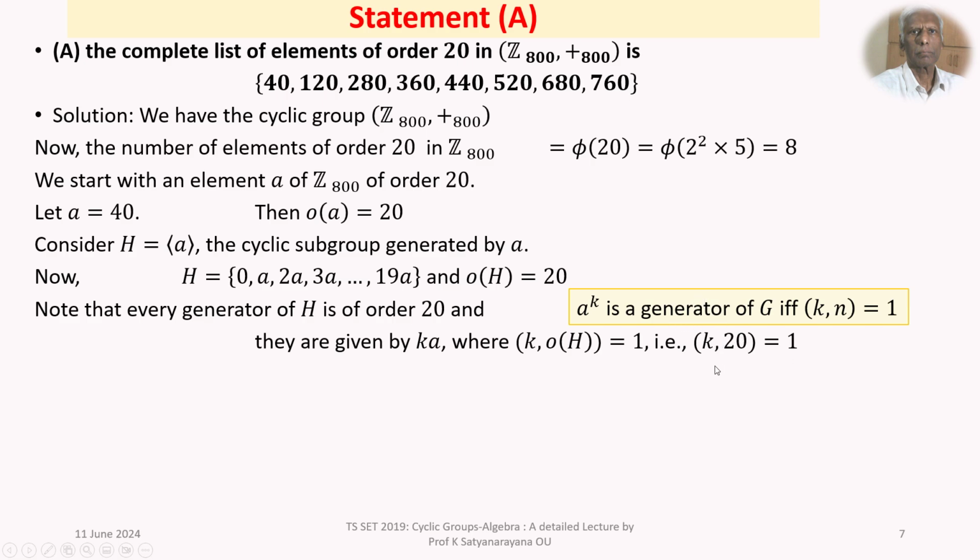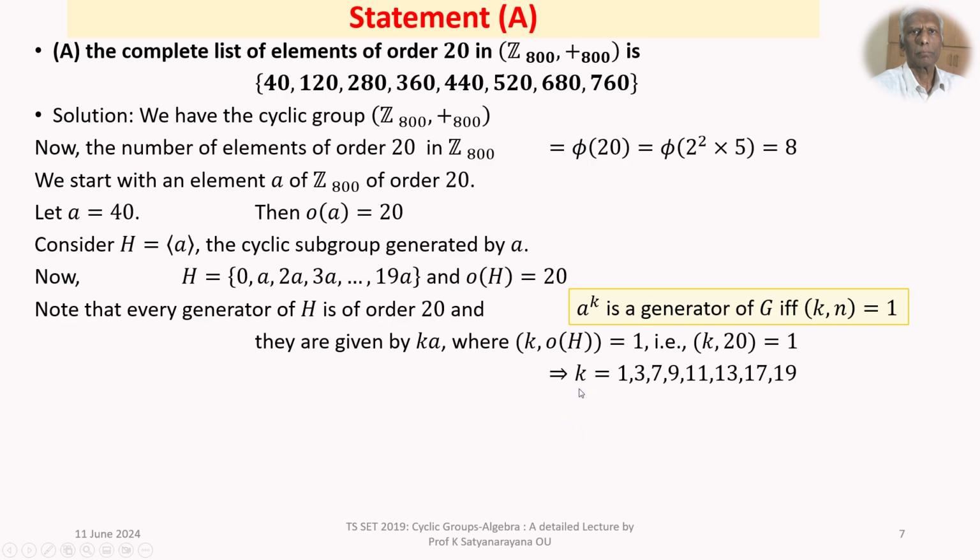So what are those k such that they are relatively prime to 20? k equals 1, 2 is not, 3 yes, 4 is not, 5 is not, 6 is not, 7, 9, 11, 13, 17, 19, etc. You verify.